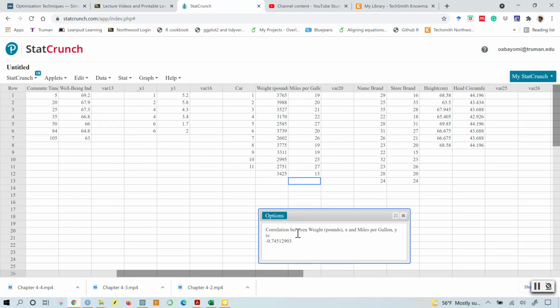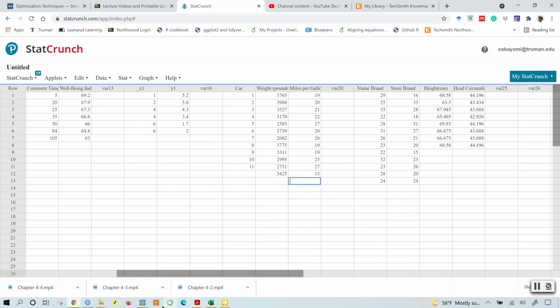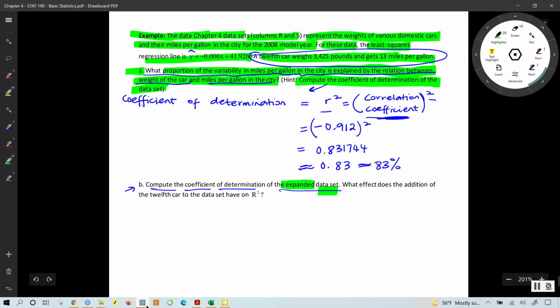So this time, the correlation is negative 0.745. Okay, so I will take that back here. So the coefficient of determination in this case is negative 0.745 all squared. And the result of that is 0.555, or approximately 0.56, which is 56%.